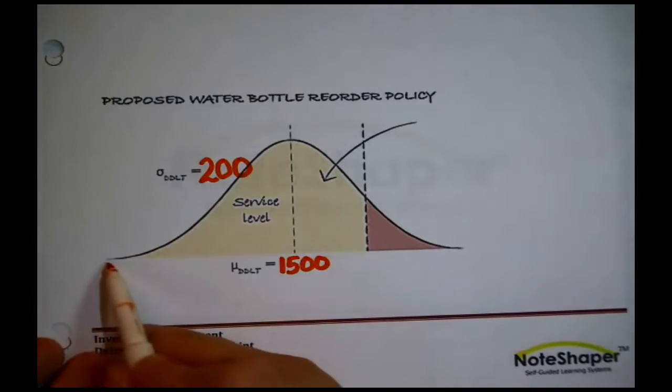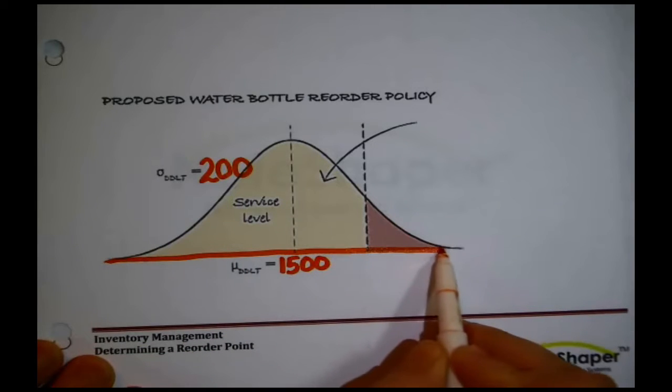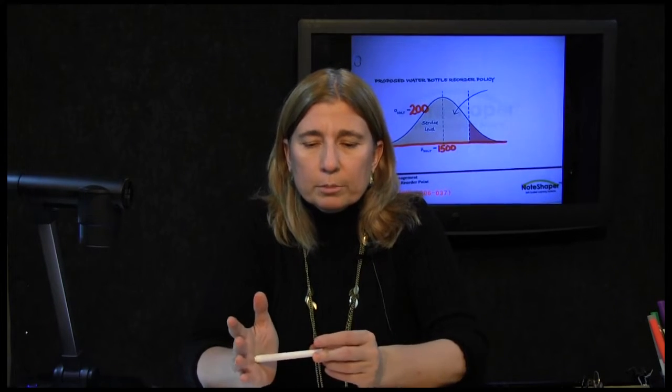We had been discussing that this bell-shaped normal distribution is believed to be a good enough characterization of the variation in demand for bottled water during lead time. Last time we had a reorder point and were figuring out the service level.